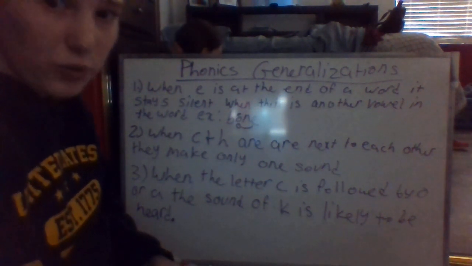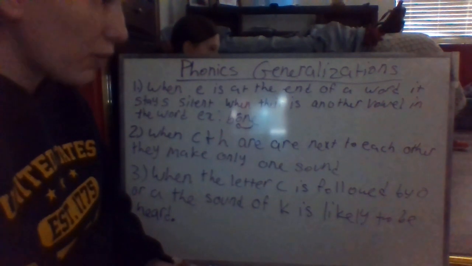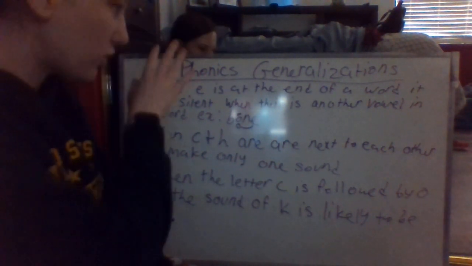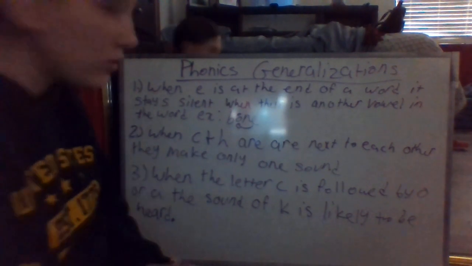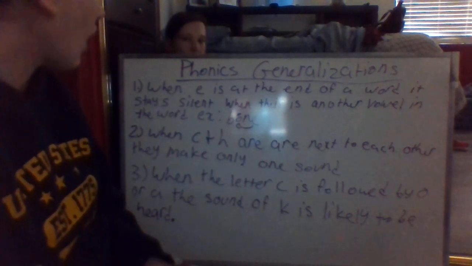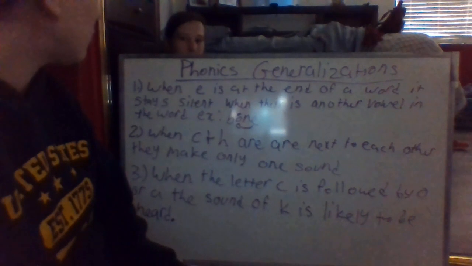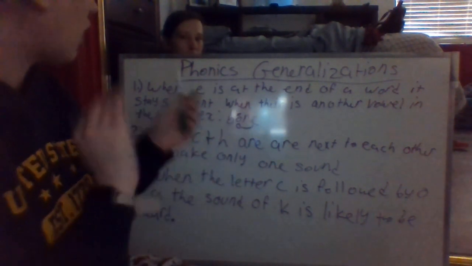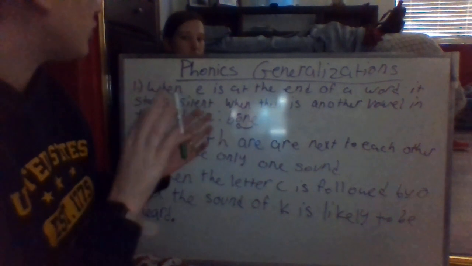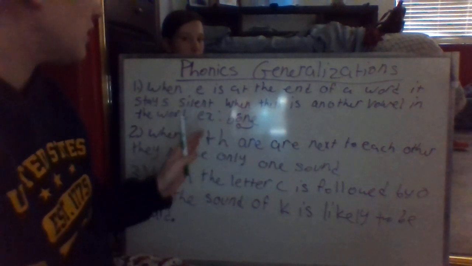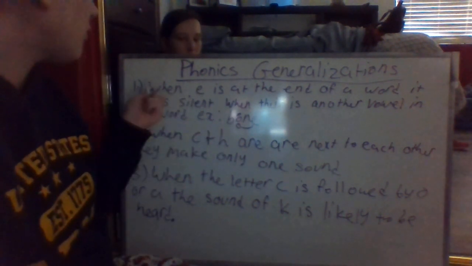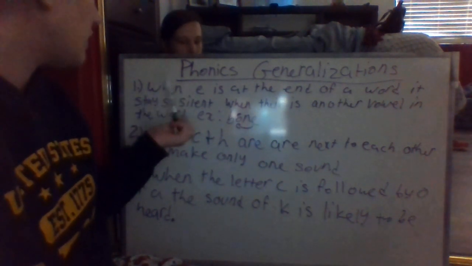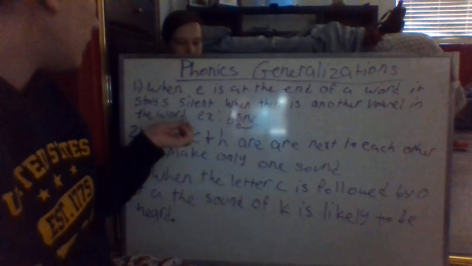So, first things first. If I do have a phonics generalization, these are just a few of them that I would use. I think the most common one that we're very familiar with, surprisingly, I didn't see it in the actual article that lists all the phonics generalizations, although maybe it is, and I just didn't get to it. But I wrote down, at least for my first one, when E is at the end of a word, it stays silent when there is another vowel in the word.